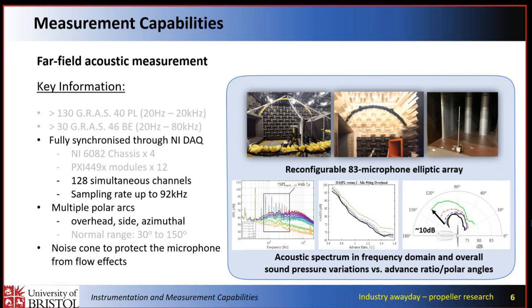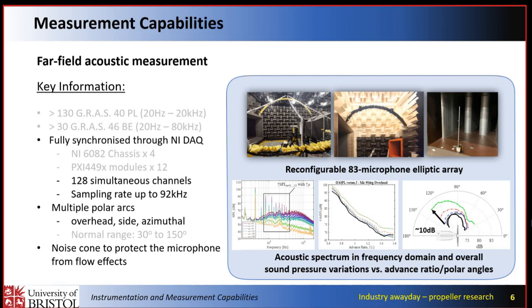They are usually arranged in multiple polar arcs or polar microphone arrays to quantify the directivity in overhead, side, and azimuthal angles. I'm calling it this because this is the convention we follow in the acoustic tunnel, but essentially these are just the polar angles.